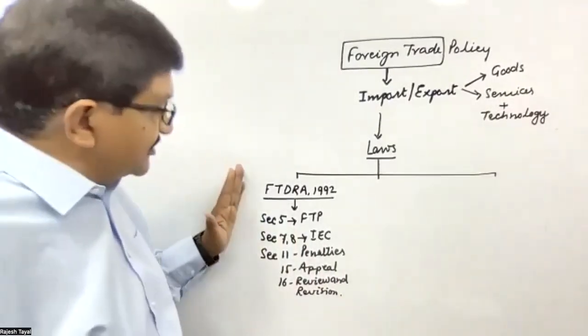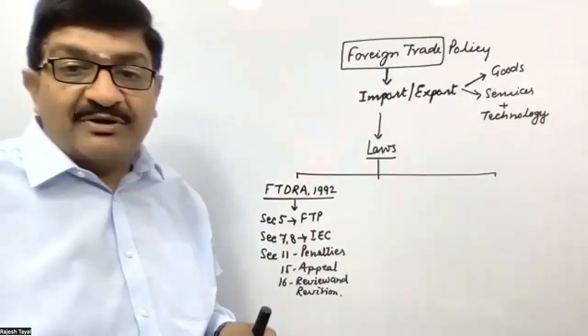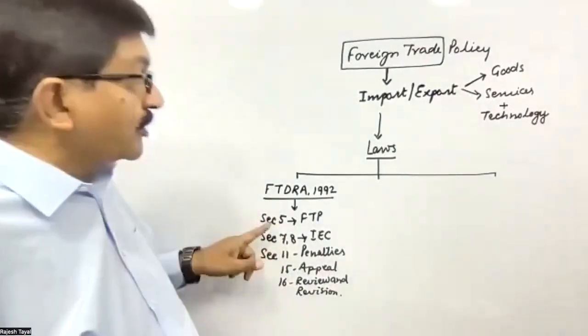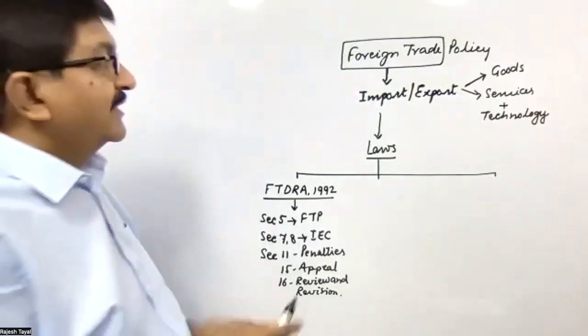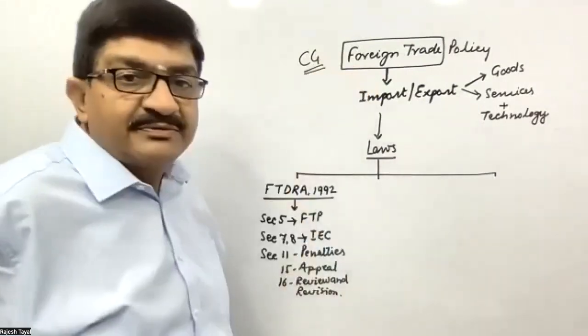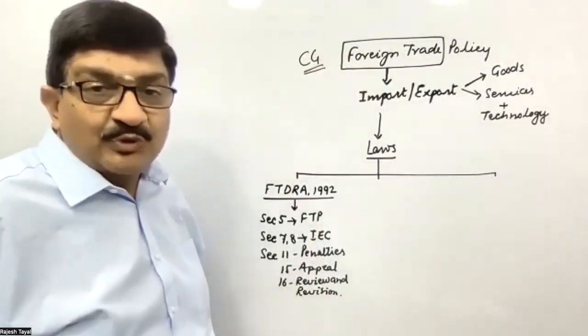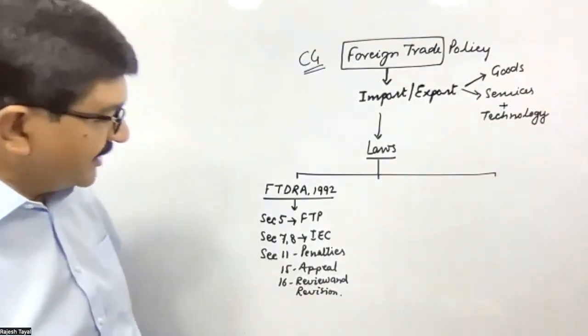So, Section 5 authorizing the government to make the foreign trade policy. Now, which government is making the foreign trade policy? It is obviously the central government. What is applicable throughout the country, that is to be made by the Central government, that is obvious. Okay.